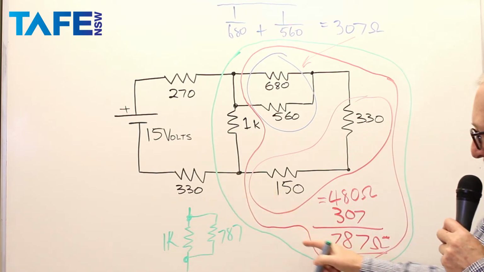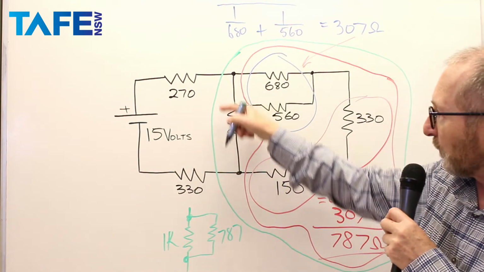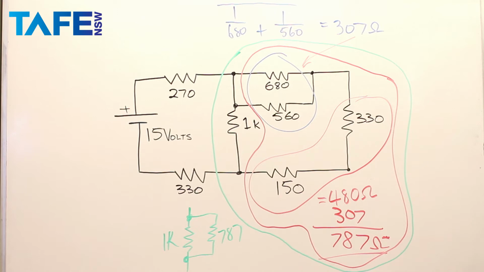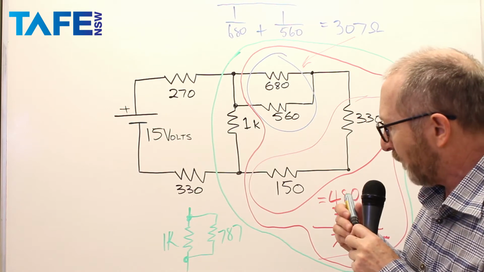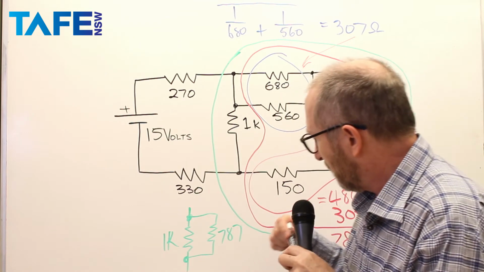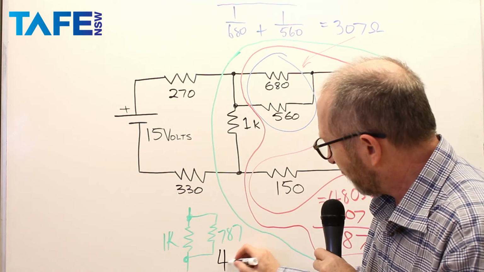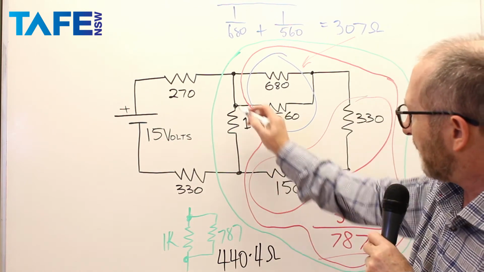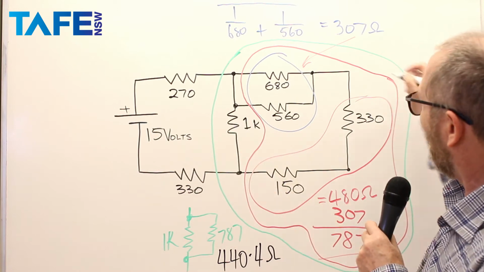That's the large green circle that I've put around all of that. 1K in parallel with 787 ohms worked out to be 440.4 ohms, and that's all of that green large circle.